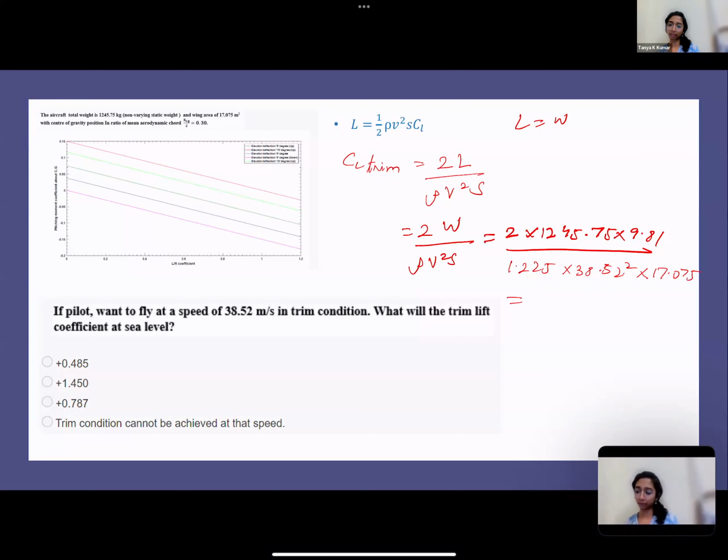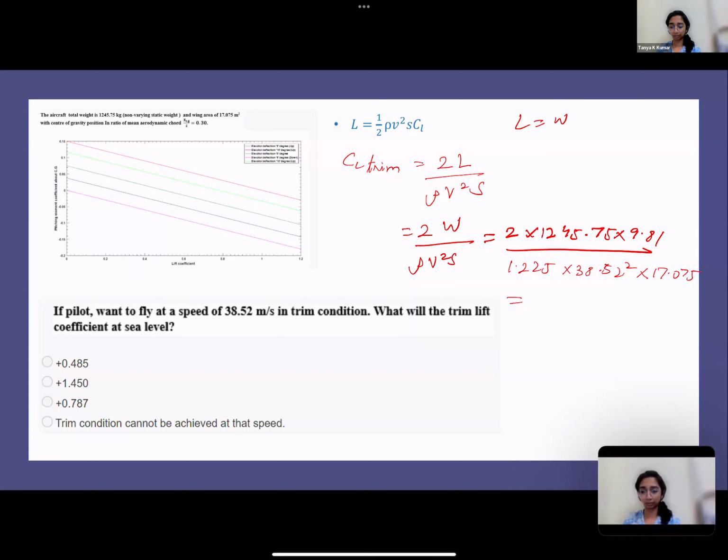Can you just calculate and tell me the answer? Just wait for a couple of minutes. It's just a straightforward lift equation. Just plug in the values and you can find out. And you must remember it's trim, so that's why lift equals weight. It's at sea level, so put in the appropriate density value.